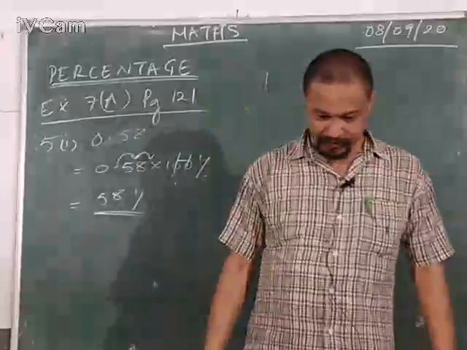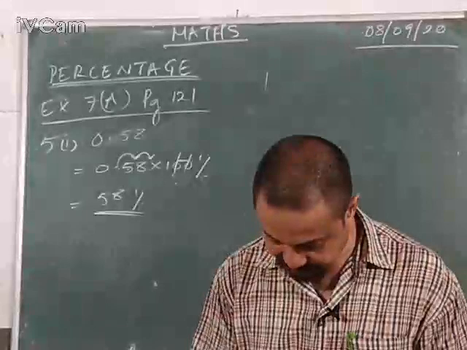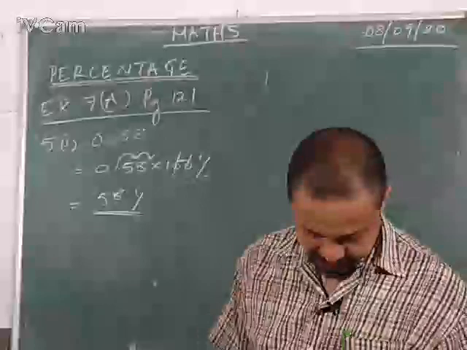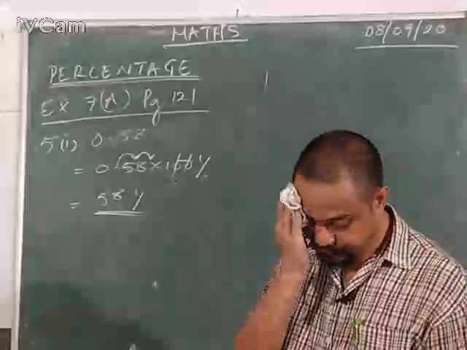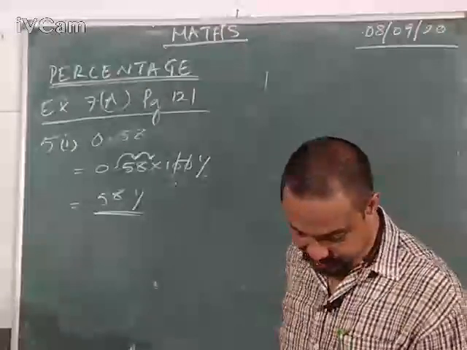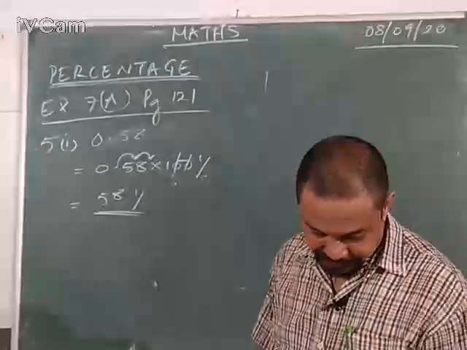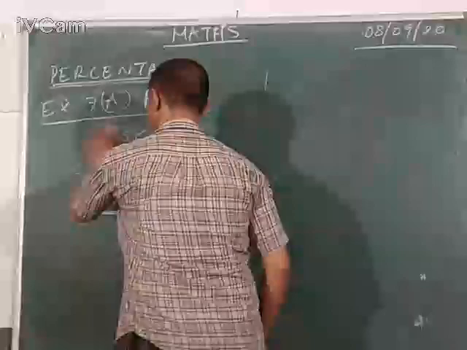Okay, short steps, easy steps, nothing to confuse further. Then we move on to number 6. Number 6 says find the value of, I think there are around 6 questions given. We'll be just doing 3 to 4. So the first one, find the value of 20% of 650.